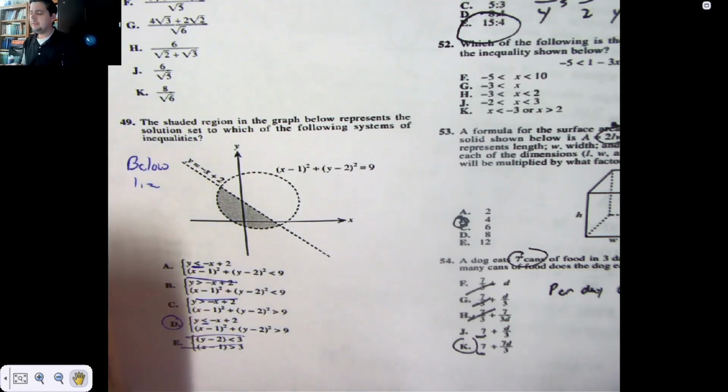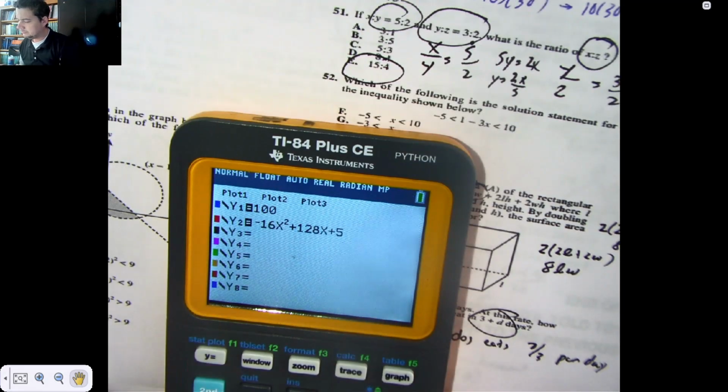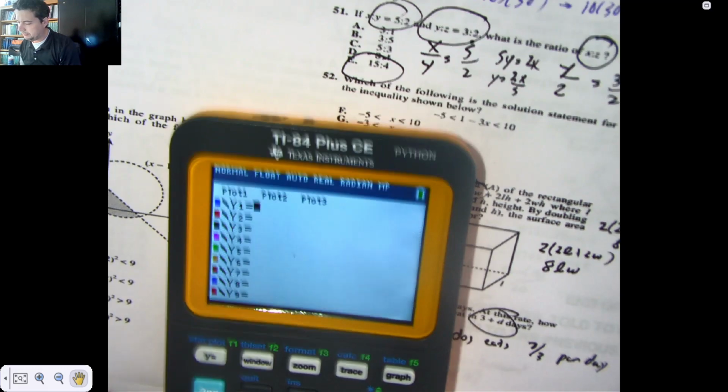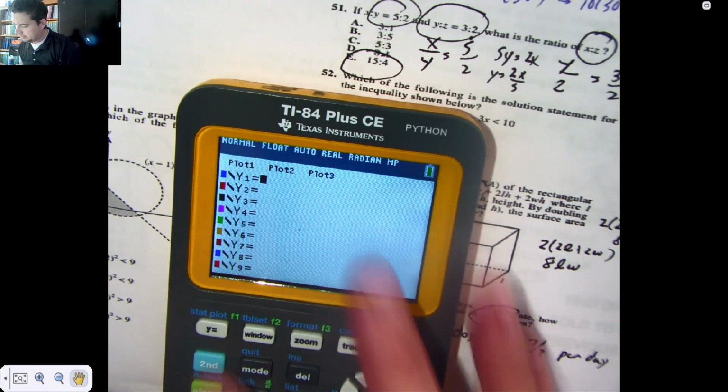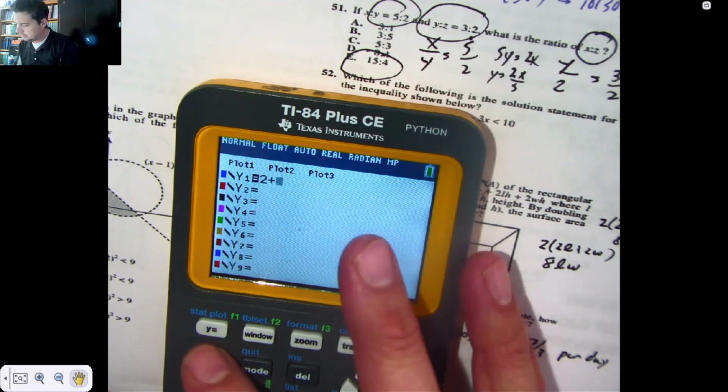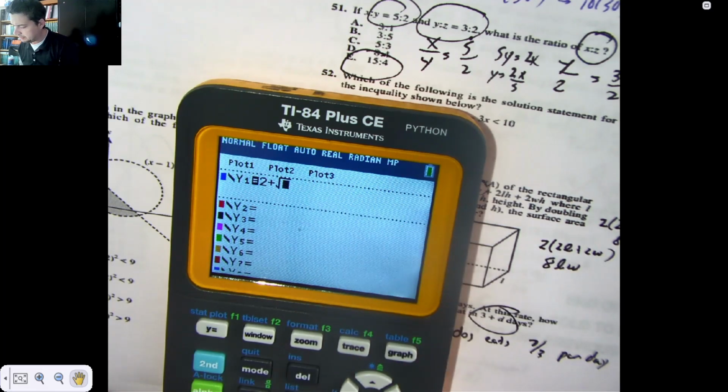Now, let's play with something on a TI-84 real quick. You can actually draw a circle on a TI-84 if you know how to do it. Y1 would be 2 plus the square root of 9 minus (x minus 1) squared, then 2 minus the square root.